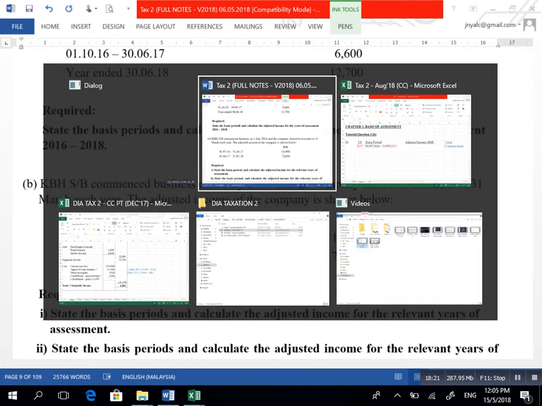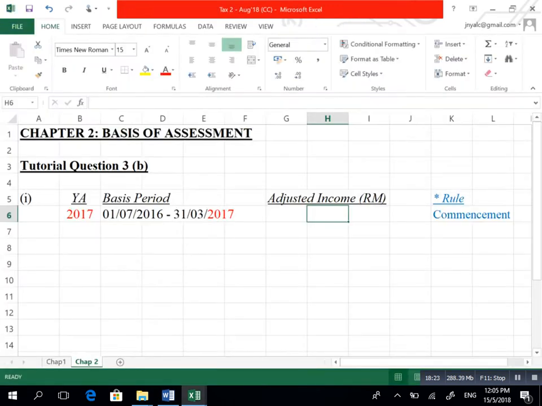You will also have 18,000 adjusted income, because the period is the same. Continue. Now the year of assessment cannot be repeated or skipped for any year. It must follow the sequential order. Continue to 2018.